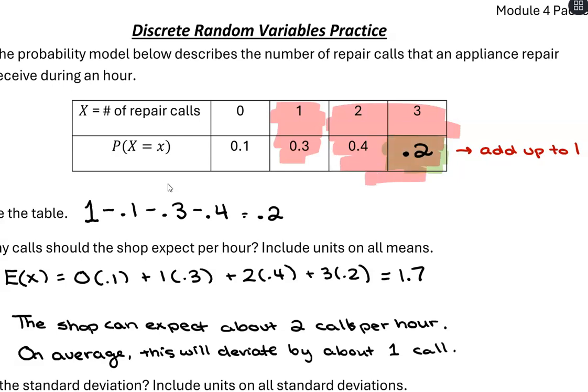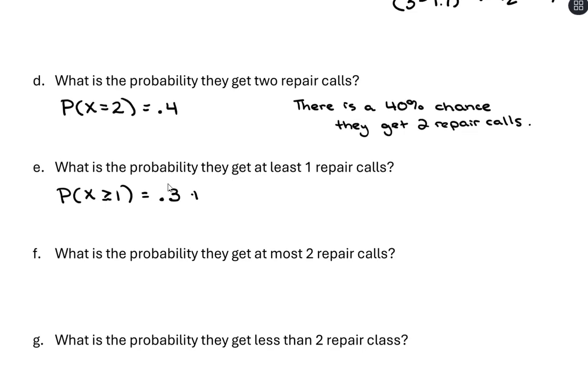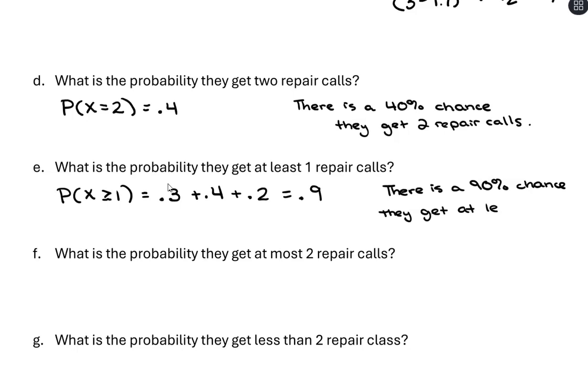So I'd be adding up those probabilities there. So I'd take a 0.3 plus 0.4 plus 0.2. And that would give me a 0.9. So there is a 90% chance they get at least 1 repair call.